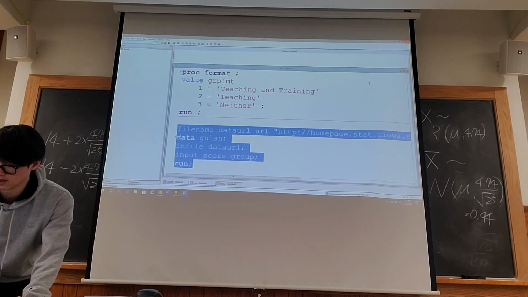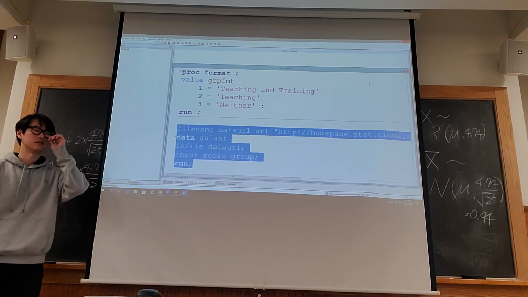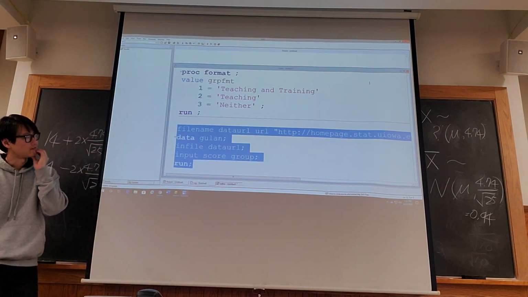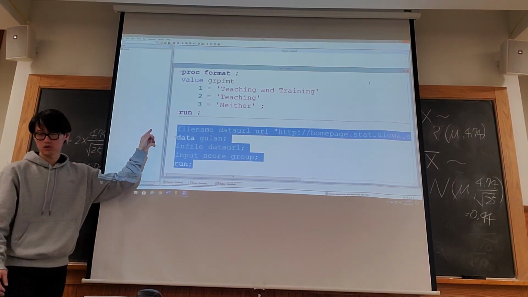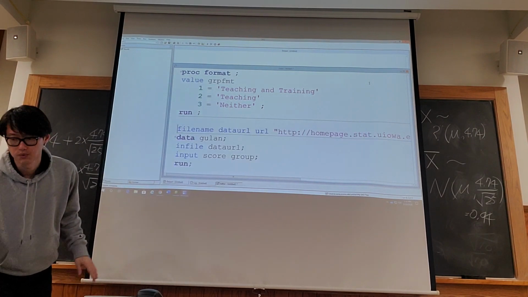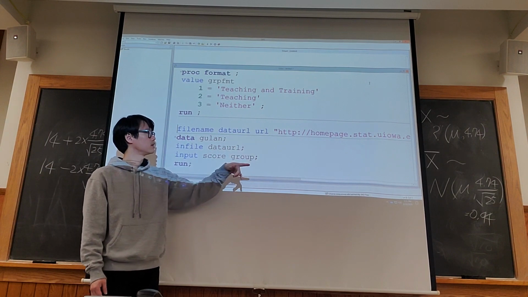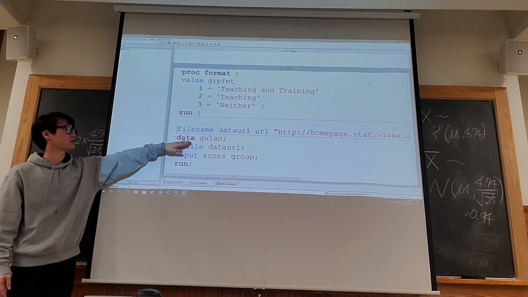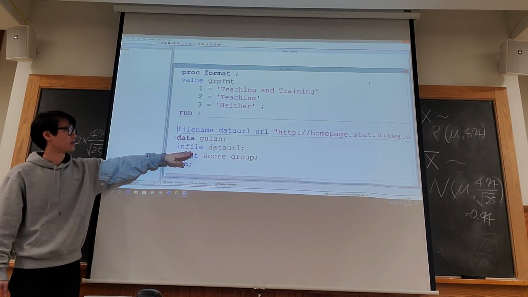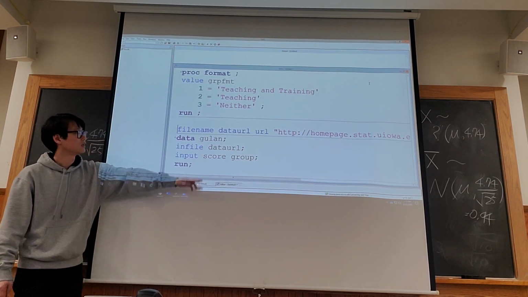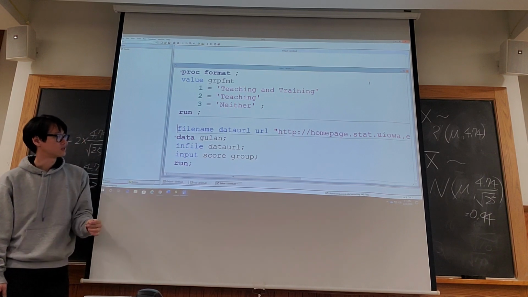When you see these 5 lines, this is the code we have seen before. We declare the URL for the data set, and then we declare the title of our data set and ask SAS to go to the URL, grab the information and save it to this data set.